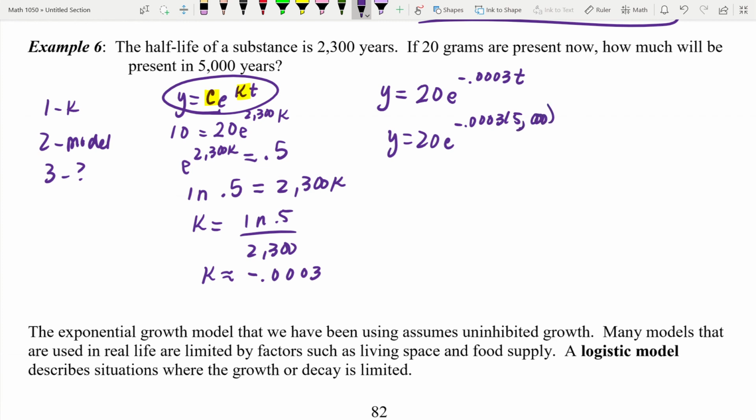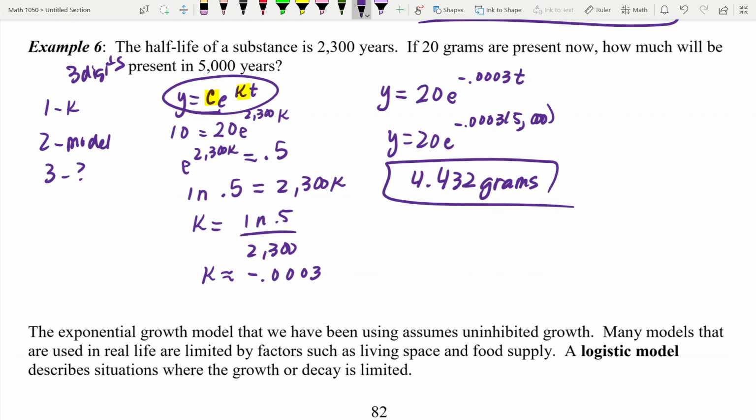Okay? Everybody go 20, second ln, 5,000, enter, close it, enter, and we're going to go 3 digits, and it's going to be 4.432 grams. And I'm done.